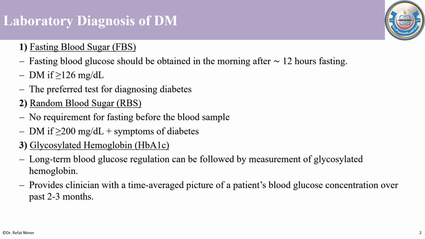It provides the clinician with a time-average picture of the patient's blood glucose concentration over 2 to 3 months. So this test gives a picture of the glucose level in the blood for around 2 to 3 months, an average picture for a long time, not only for one or two days as in the fasting blood sugar or random blood sugar.